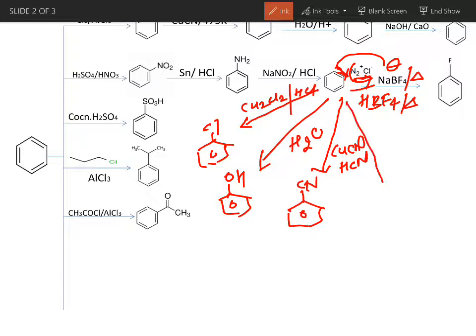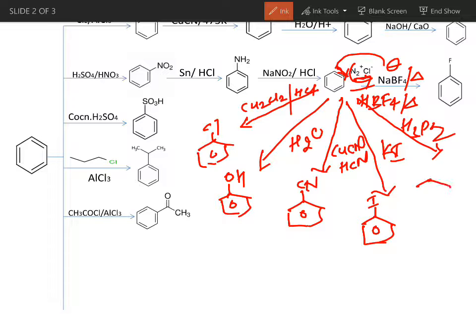If it is reacted with potassium iodide, it will form iodobenzene. Similarly, if it is reacted with H3PO2, it will give benzene. N2Cl will get reduced and form only benzene. So, it is an important intermediate. From this, many compounds will be formed with different reagents.